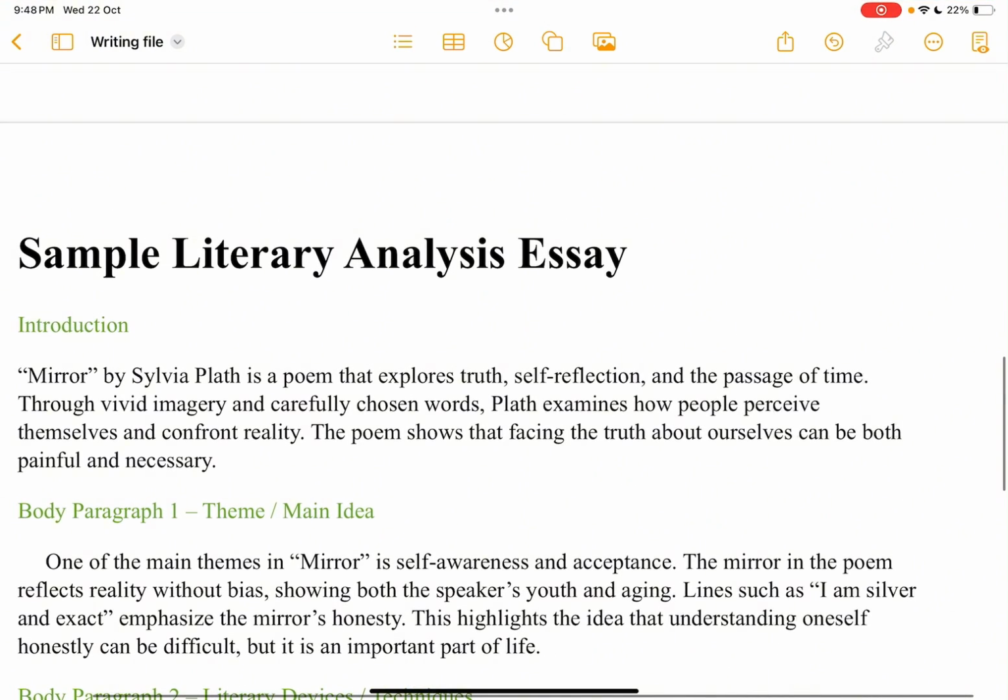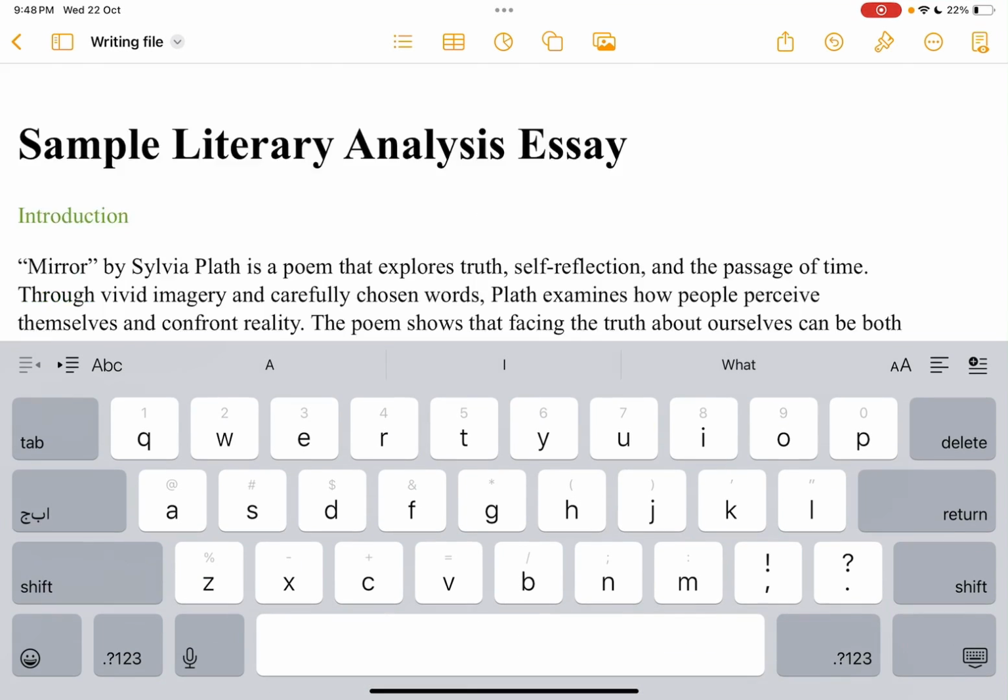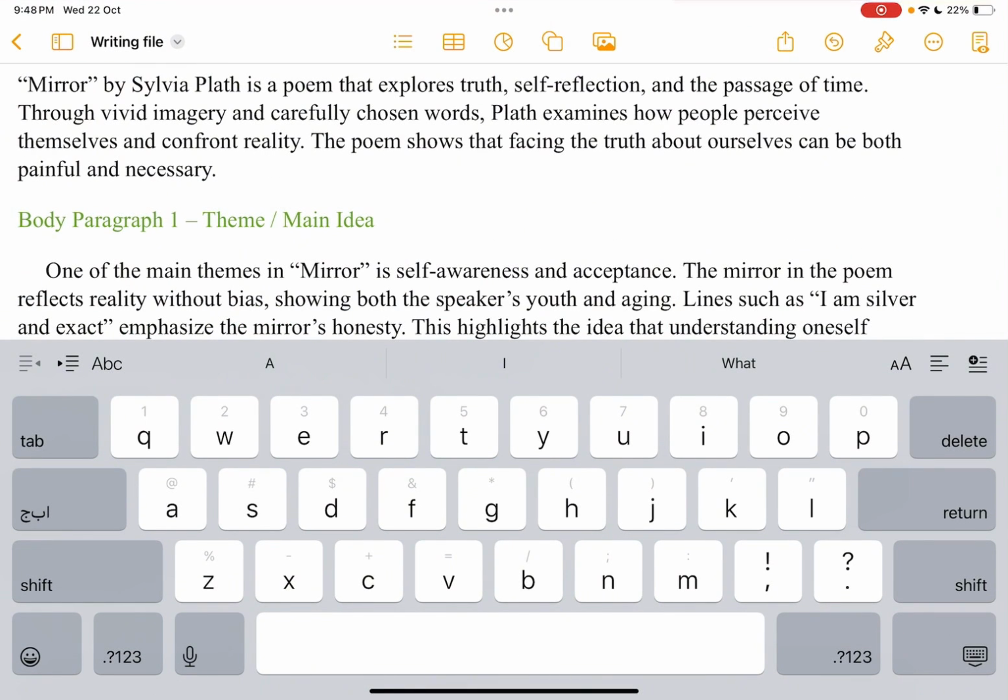So I wrote this. One of the main themes in Mirror is self-awareness and acceptance. And then I'll explain. The mirror in the poem reflects reality without bias, showing both the speaker's youth and aging. And then, for instance, I'll write here, please use this.